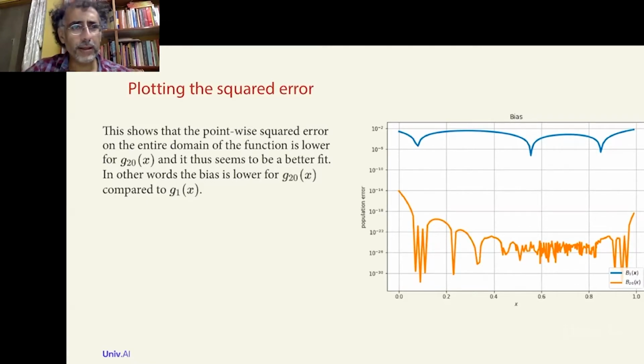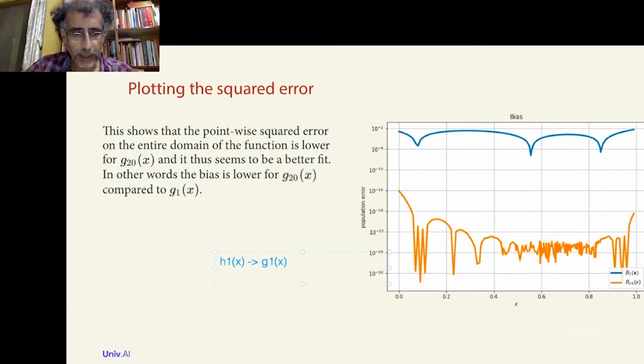I would like to emphasize what I'm doing over here, because it may help understanding. I am looking at all straight lines, so all functions of the type h1 of x, and the best fit straight line I'm going to call g1 of x.